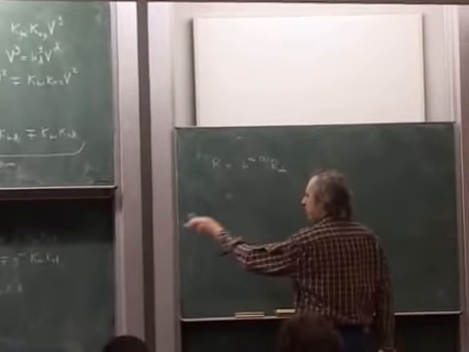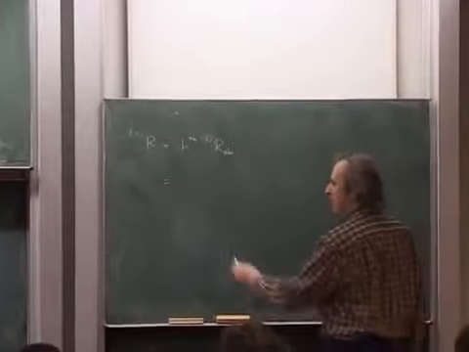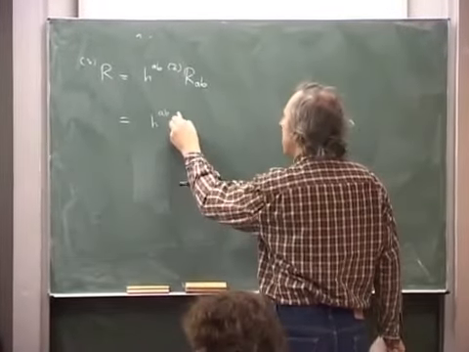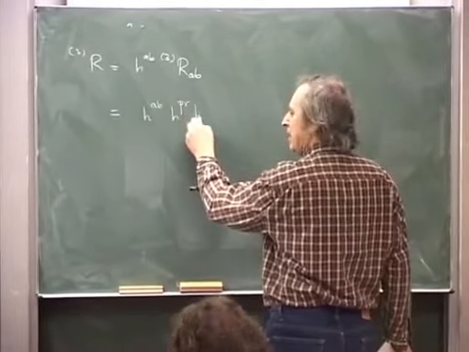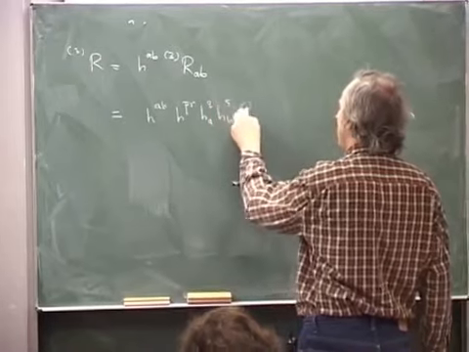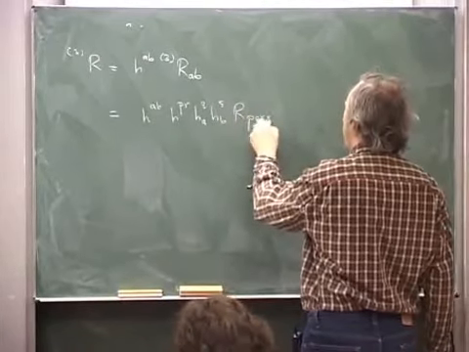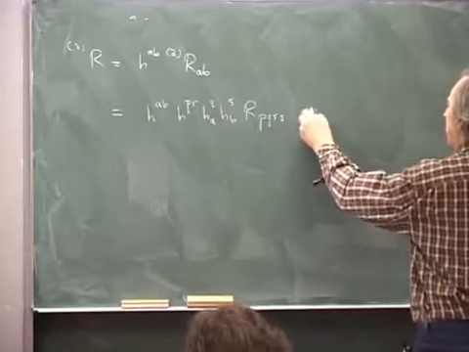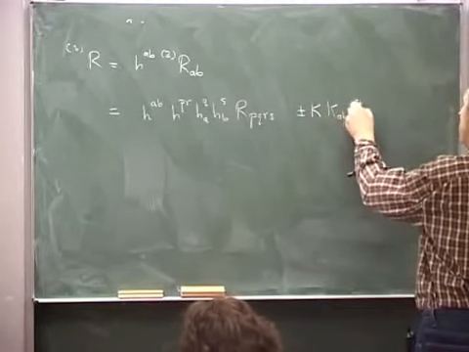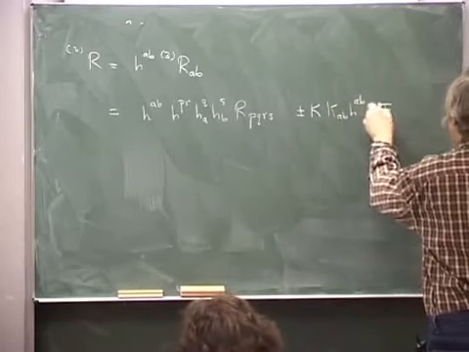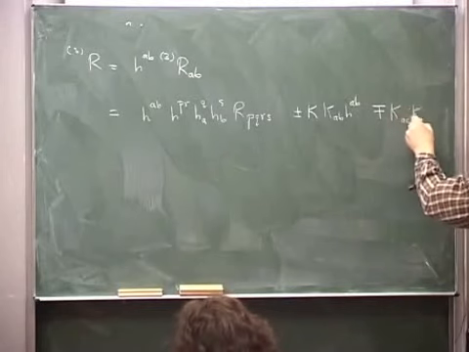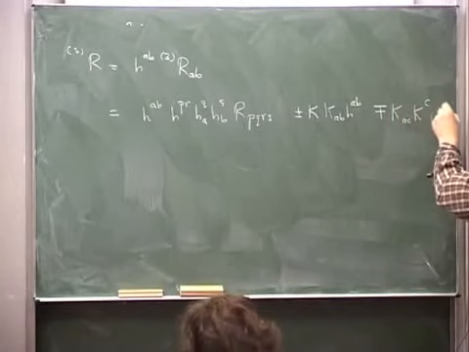That is from the equation that we have sitting over there, h^AB h^P_R h^A_Q h^B_S R_PQRS plus or minus K K_AB h^AB minus or plus K_AC K_CB h^AB.